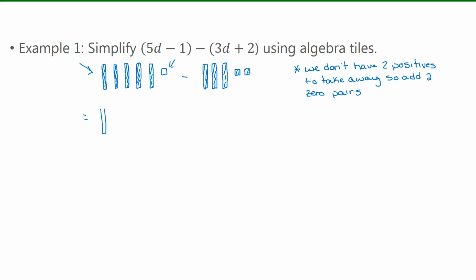So we'll write down our 5d's again. Negative 1. Then we'll add our 0 pair.